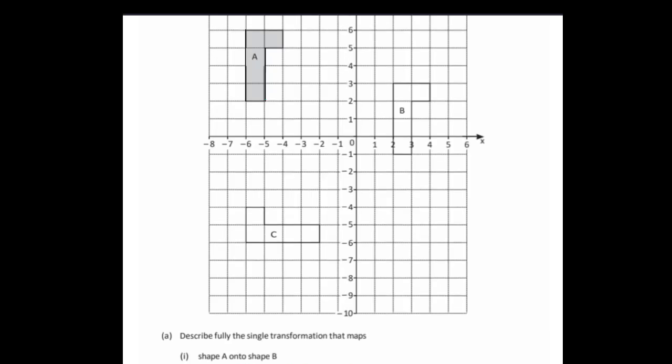Take one of the corresponding vertices of both shapes and see how much it is getting shifted. It's going 8 to the right, and 3 going down, so -3. So this is the vector.